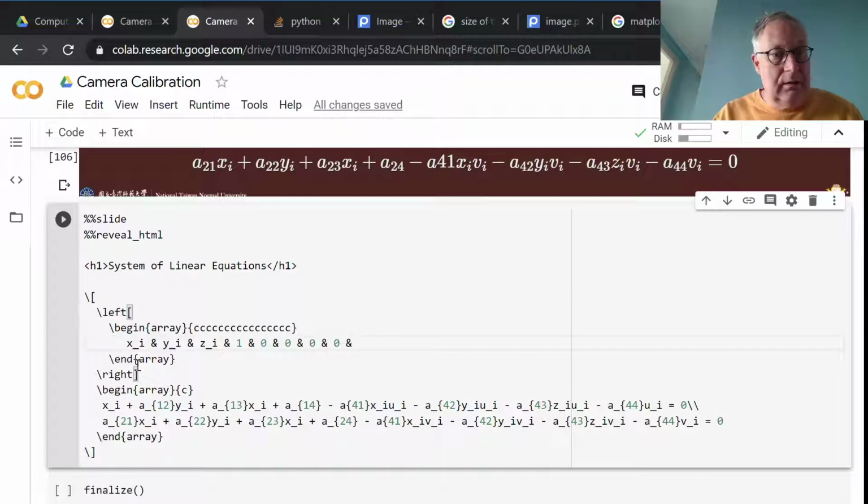And then negative xi ui, negative yi ui, negative zi ui, and negative ui.